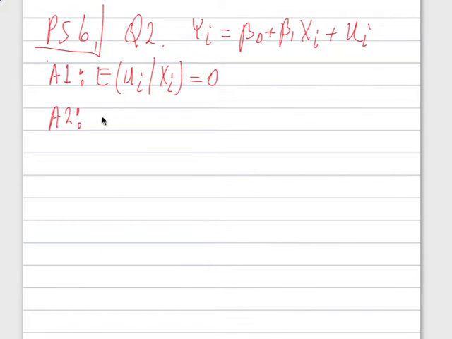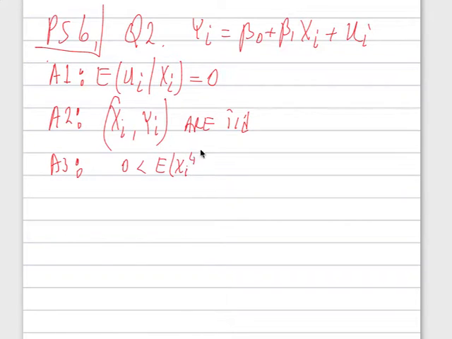A2 says xi and yi's are IID draws from their joint distribution, and A3 says what does it say? Four moments. Yeah, they have finite non-zero fourth moments.